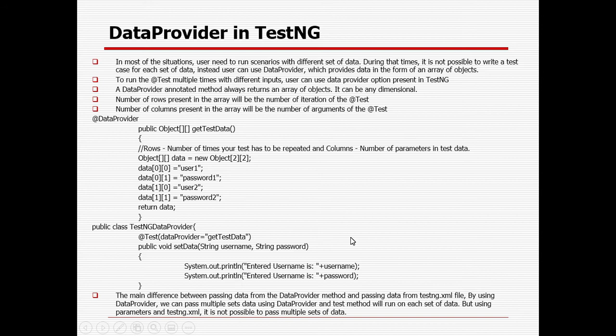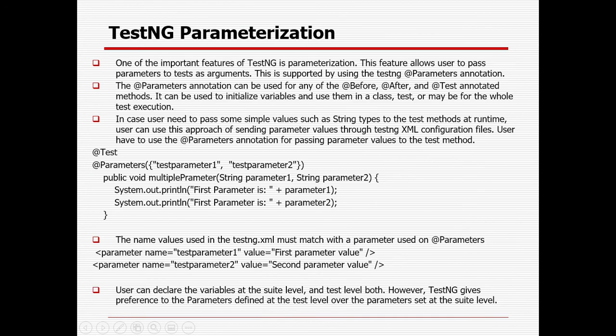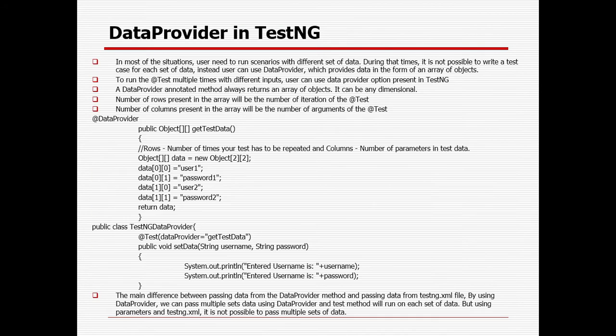For parameterization everything we pass from the testng.xml file, but here we will be passing from the test case itself, and that test case can be easily integrated with an external source with the help of other dependencies like Apache POI. By using a data provider we can pass multiple sets of data, and the test method will run on each set of data. But using parameters in the testng.xml file it is not possible to pass multiple sets of data.